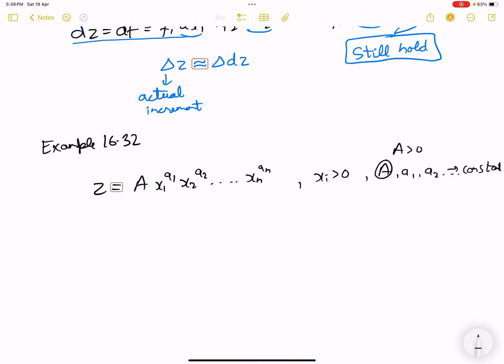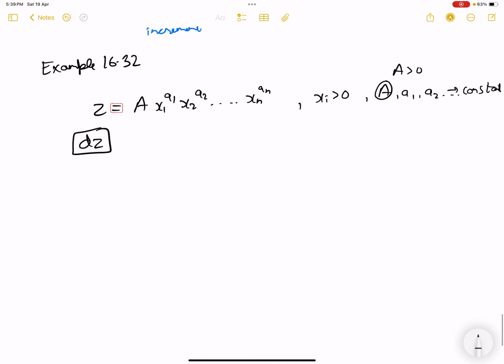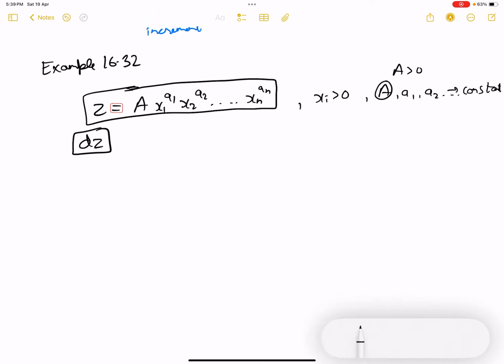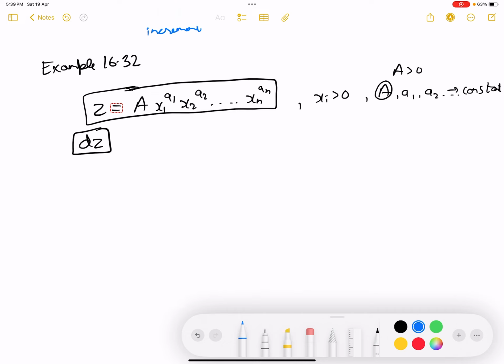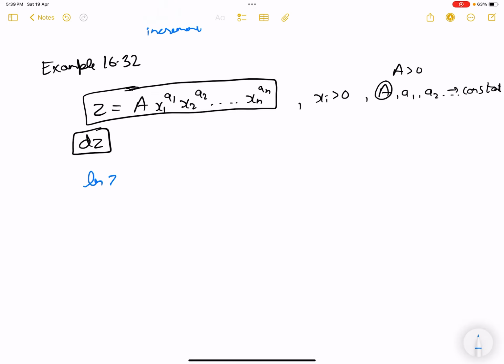Now they are asking us to find del z. Firstly, this is a power type of a function. We are supposed to take log. You should know by now that we are supposed to take log in this case.